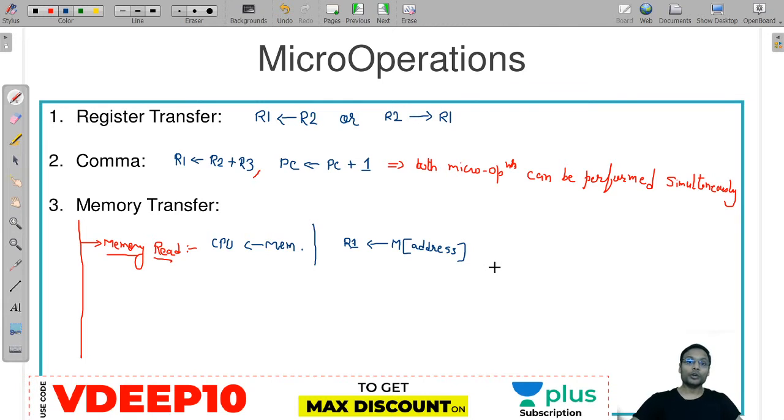This is how you write an RTL statement for memory transfer, memory read. Now there are two options to denote this address. What you can do is write M and directly give the address, something like this, 2000.